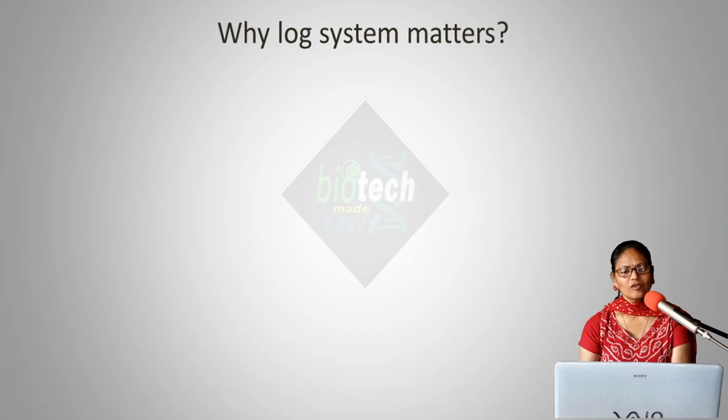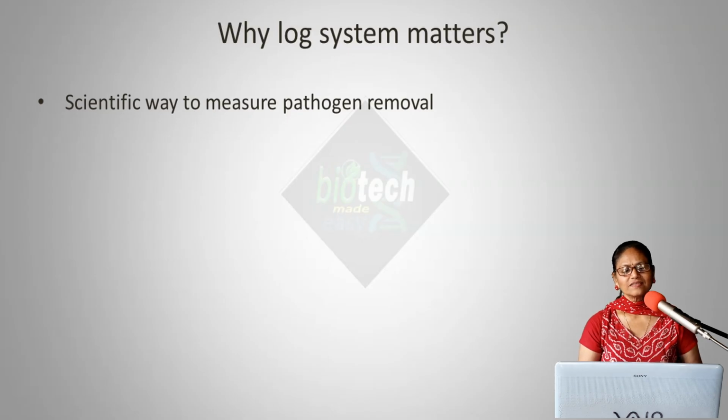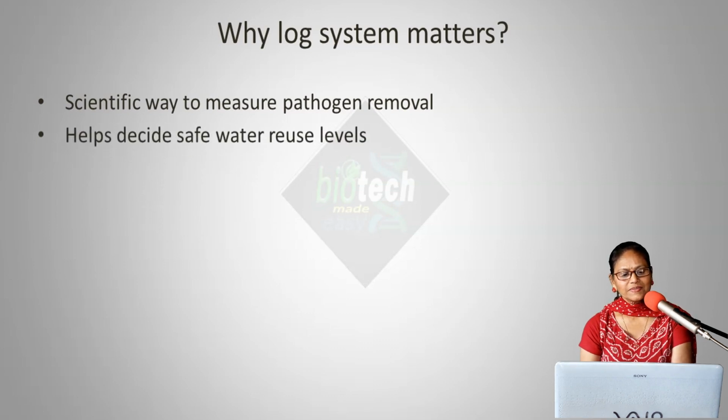Now, why does this log system matter? Why should we use it? First, it is a scientific way to measure pathogen removal. If anything is scientific and universally accepted, then it is considered good. Then it helps decide safe water reuse levels, because we have already seen there are different levels. If the log system is there, then it decides, suppose 2 log, 4 log, 8 log, whatever. So it decides the safe water reuse level: how you can reuse it, or what the application can be.